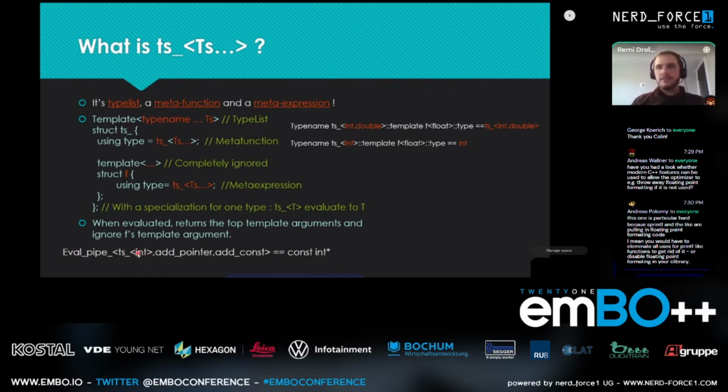So I know that the add pointer that is there will receive an int. I didn't define how I can pass this result to the next function. I'll do it in the next slides. But that's why there's a lot of meta expressions that begin with TS, because it starts something. It ignores the fact that it's just ignoring everything, and continues with what is inside.